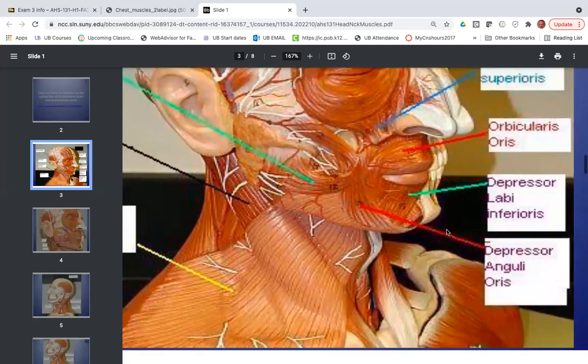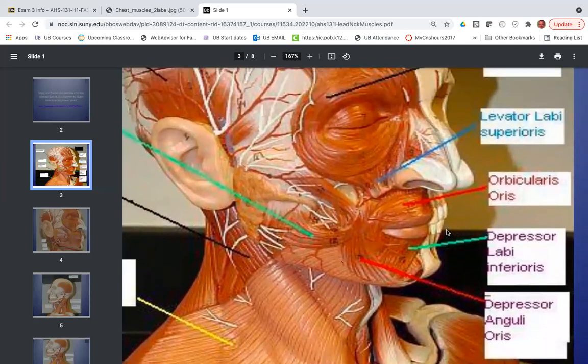Now, there was a depressor labii inferioris. There's going to be a levator labii superioris right here.